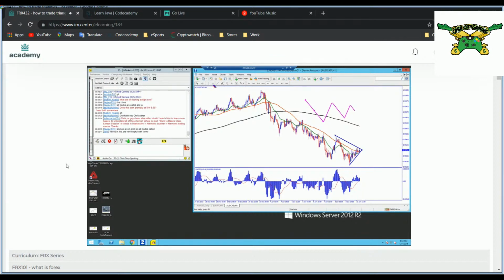So when you look at a triangle, you want to make sure you have multiple data points. You want to have at least 2 data points on each side.